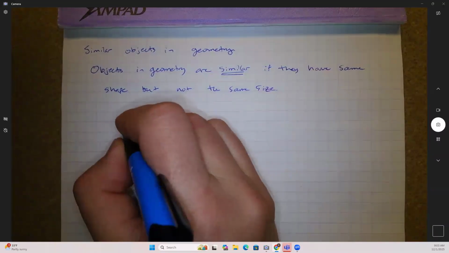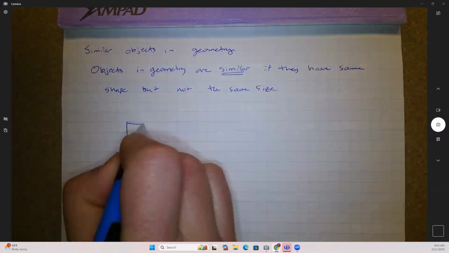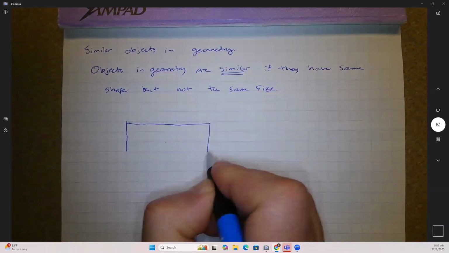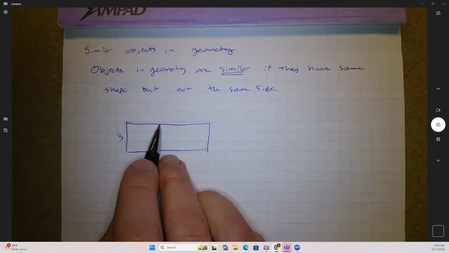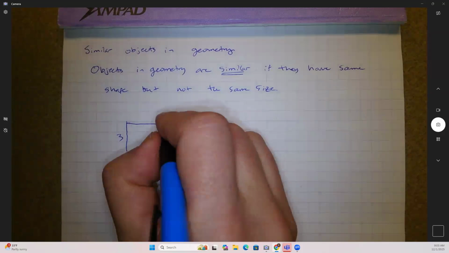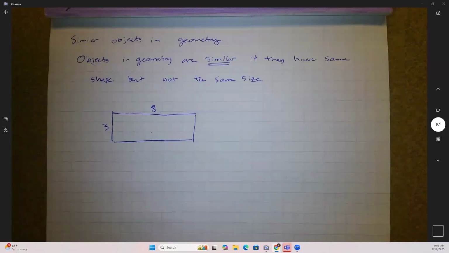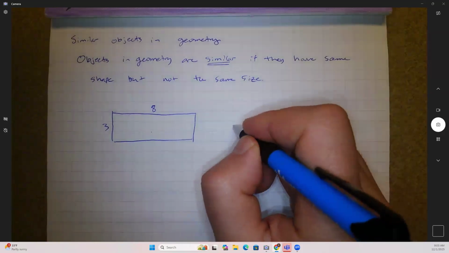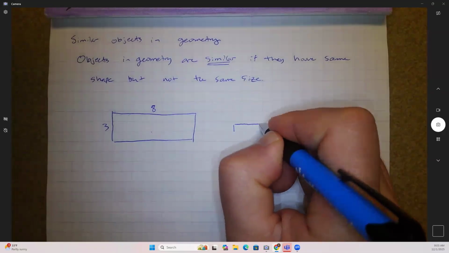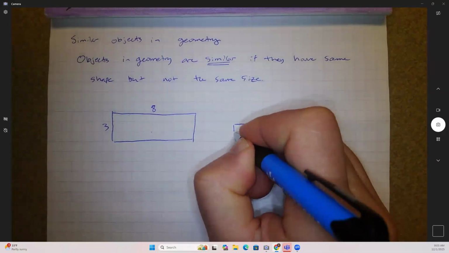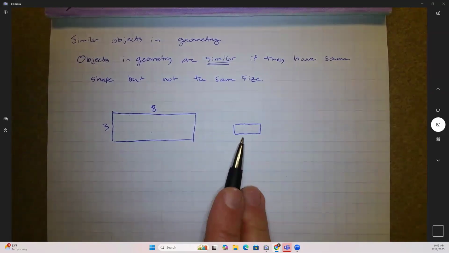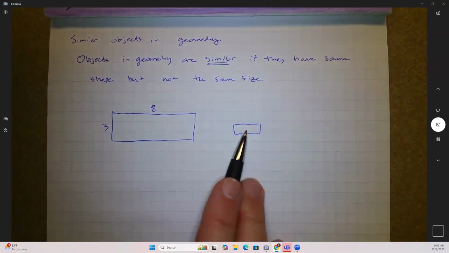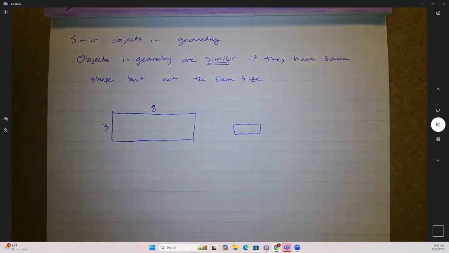So for example, this rectangle, which is a 3 by 8, is similar to this other rectangle because they have the same shape, but they're not the same size.